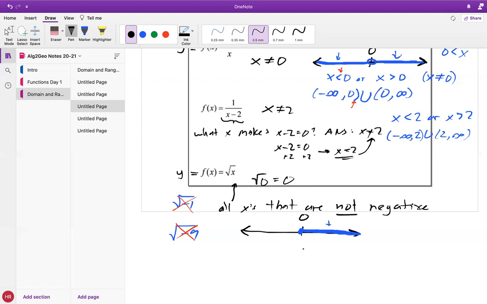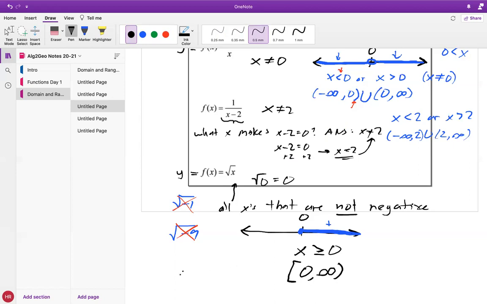In inequality notation, this would look like all the x's that are greater than or equal to 0. In interval notation, they can look at this little blue line and say, well, the left side is 0 and the right side, well, there is no right side. But there is. The right side, we would say infinity. That means it just gets as big as you want it to get. The infinity always gets a parentheses. And this filled in dot on 0 means that I do a bracket there.